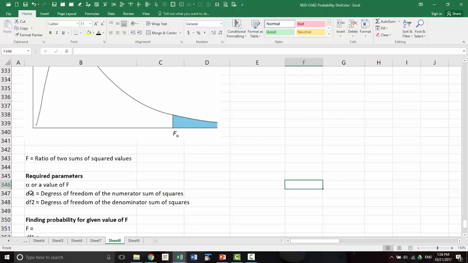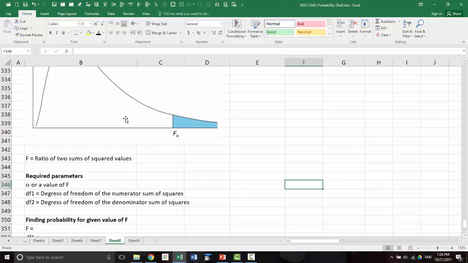The df sub 1 is the degrees of freedom associated with the sum of squares in the numerator. Remember, it's a ratio of sums of squares. Then df sub 2 is the degrees of freedom associated with the variance in the denominator. Then with F, df sub 1 and df sub 2, you can find the probability corresponding with that F, which is again a cumulative probability.